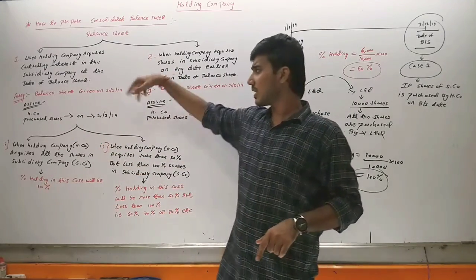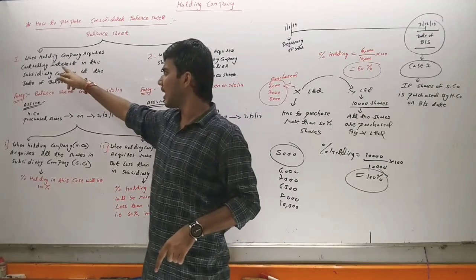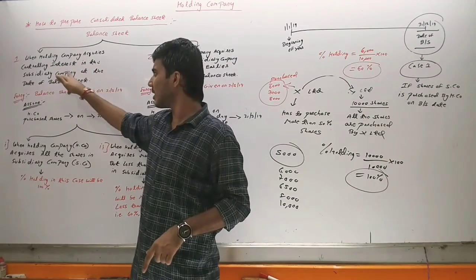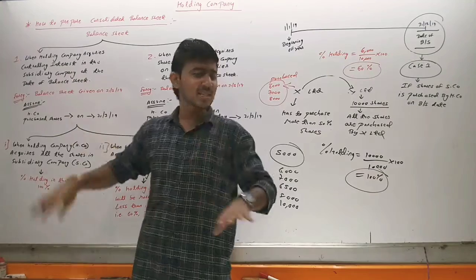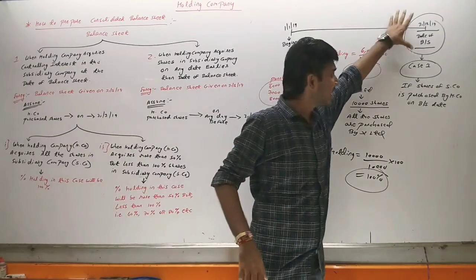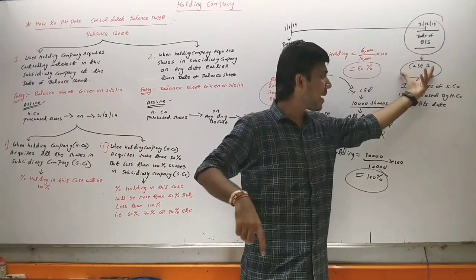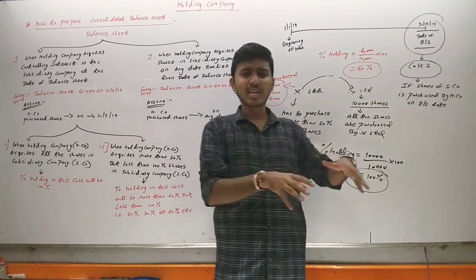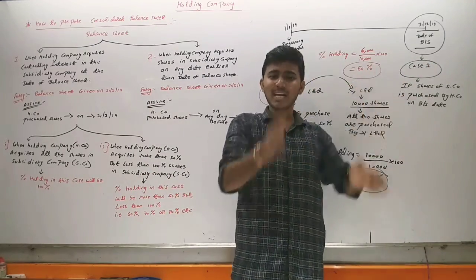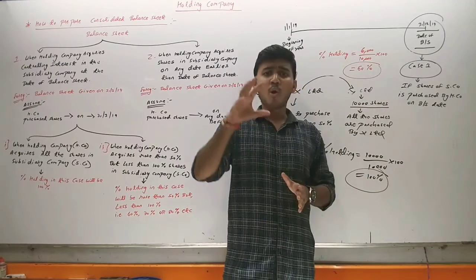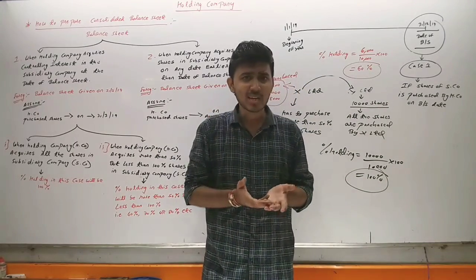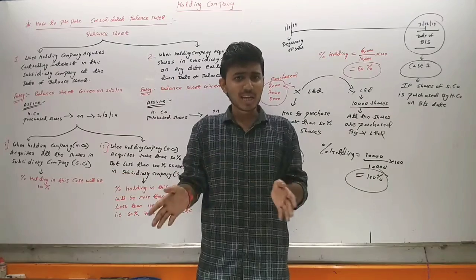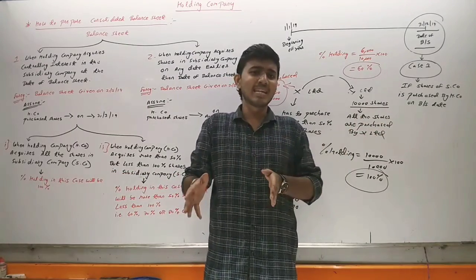So once again, what case number 1 says: when the holding company acquires controlling interest in a subsidiary company at the date of balance sheet, it means the holding company purchases the shares of the subsidiary company at the balance sheet date. Now the question comes, how many shares has the holding company purchased? Complete shares means all the shares, or more than 50%, less than 100%.